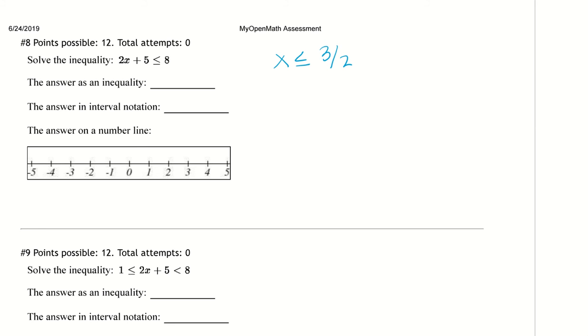For interval notation, it might help to graph it first. So I'd find that 3/2, which is 1.5. I'm using the closed dot because of the equal to, and then the arrow is pointing to the left. So this should match this symbol. And that's how I look at it.